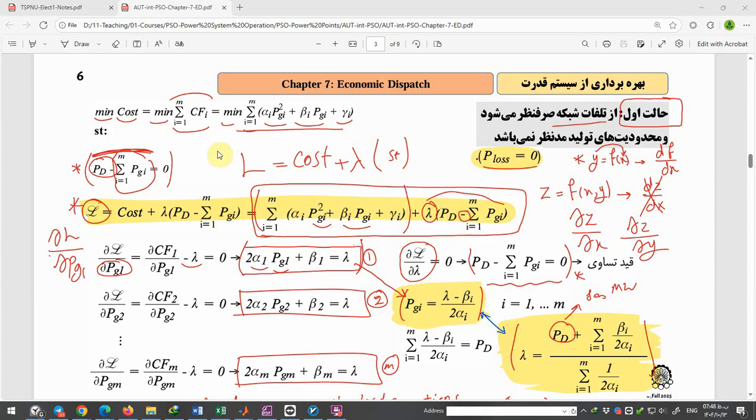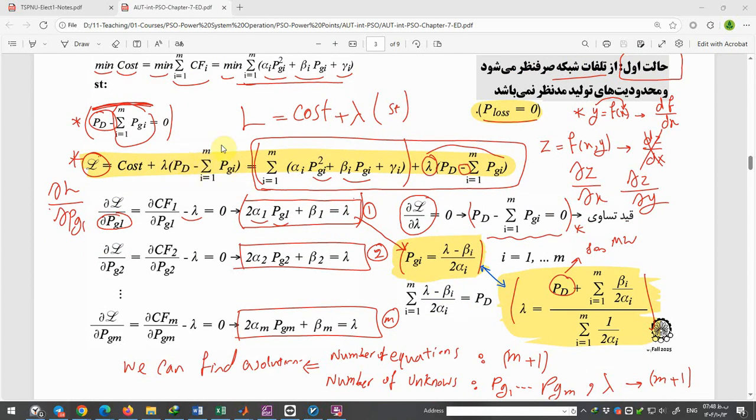The power balance means that the whole generation only supplies the demand. After that, for solving the Lagrangian, we take the change of the Lagrangian with respect to the active power generated by each generator, round L over round Pg1, and you take the derivative with respect to Pg1 from the main equation. This round Lagrangian over round active power should be 0, and so the lambda is determined.